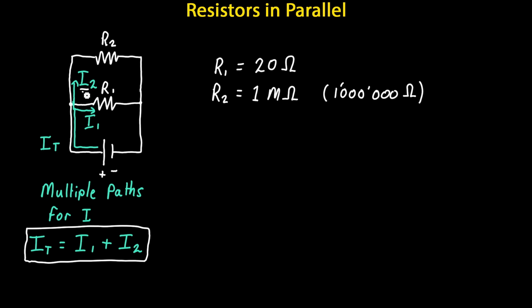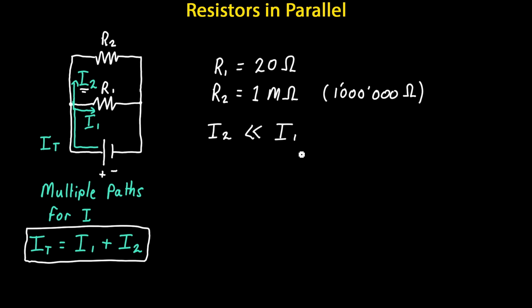Well, because resistor 1 has a much lower resistance than resistor 2, more charge will flow through resistor 1. In other words, resistor 1 offers less opposition to the flow of electric charges than the second resistor.